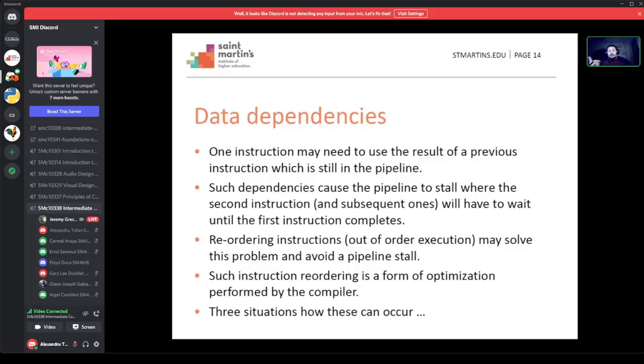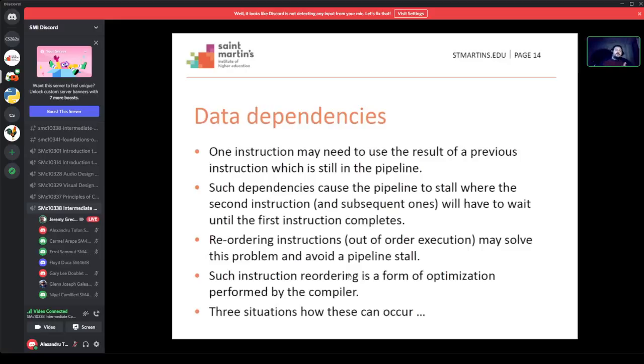However, this is predominantly down to the efficiency of the compiler, the compiler that is converting the program that we need into instructions that can actually be executed by the CPU.